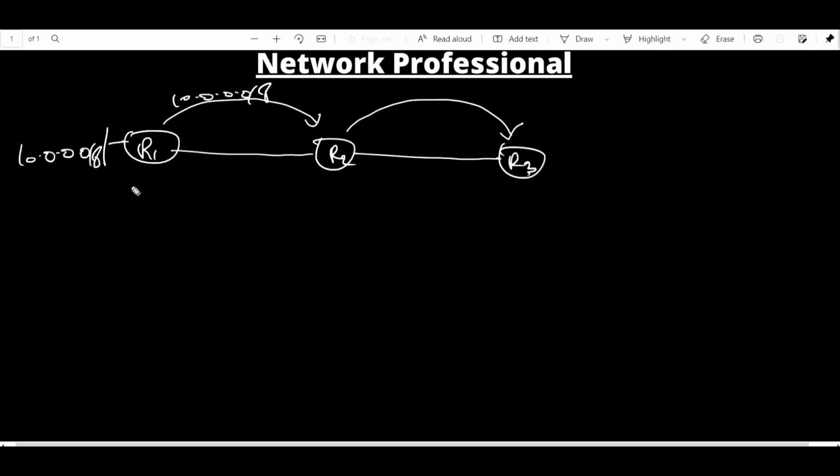I am using AS 100 over here, 100 over here, 100 over here. So which type of neighbor will form between R1 and R2? iBGP, and here also iBGP. So R2 will never share the prefix 10.0.0.0 with R3. Then how will communication happen in the upcoming time, right?